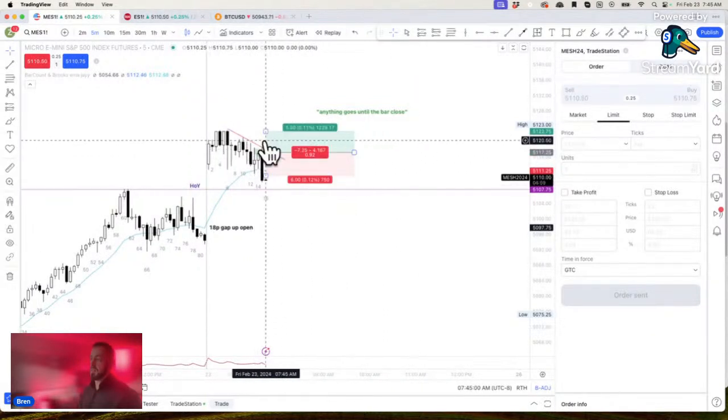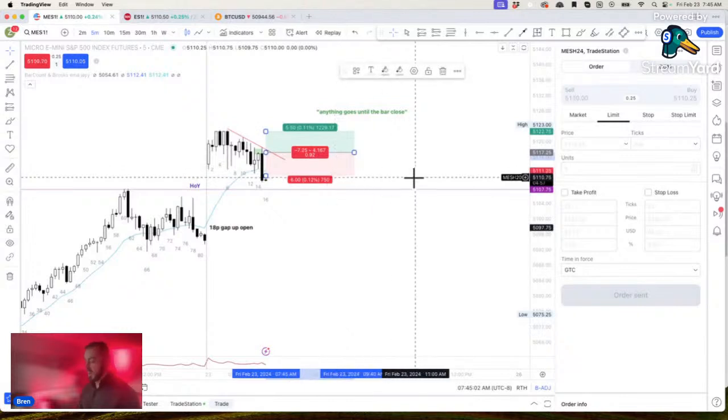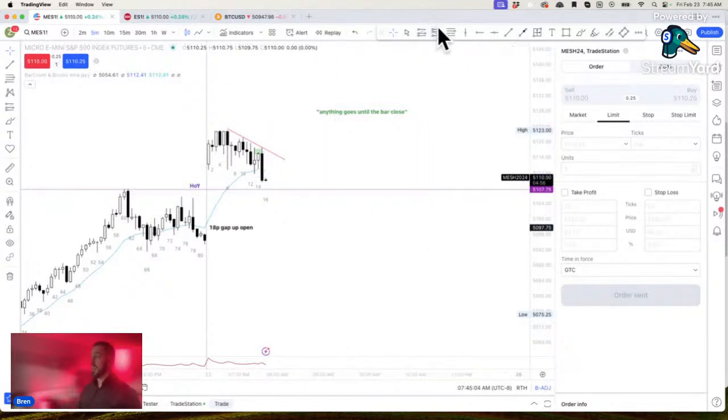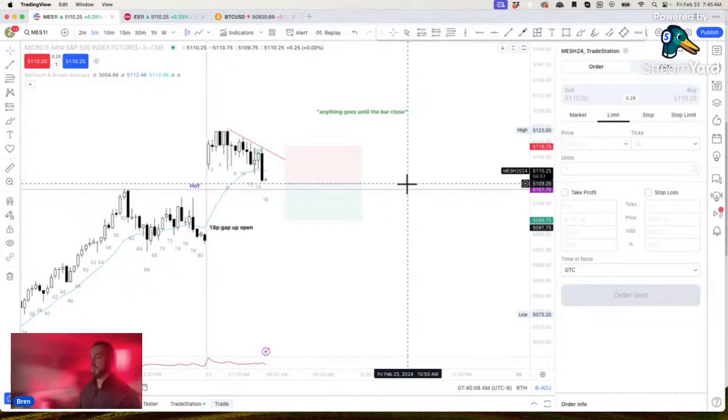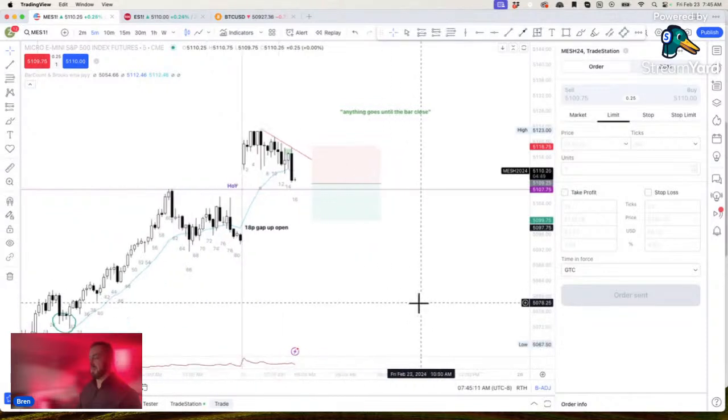Bears are selling right here. Bear breakout. Now look, do you get short there? Maybe.